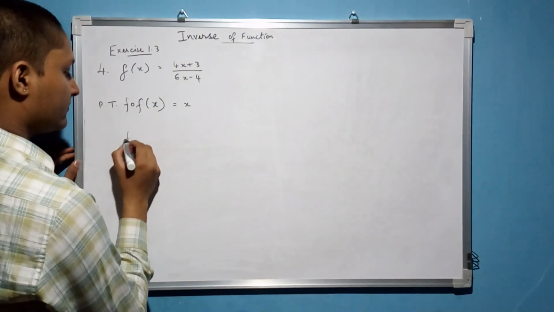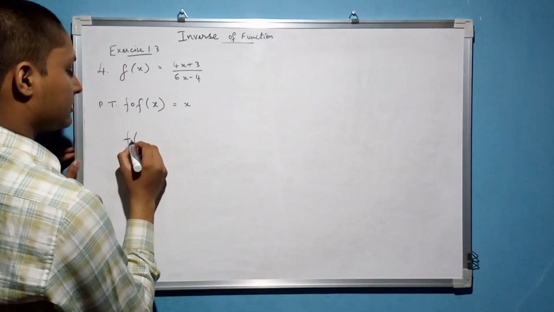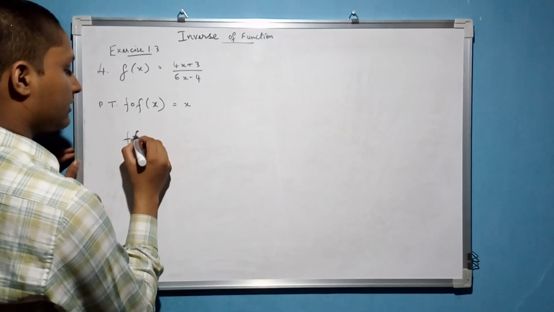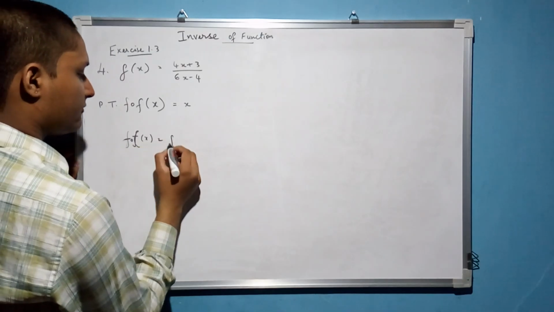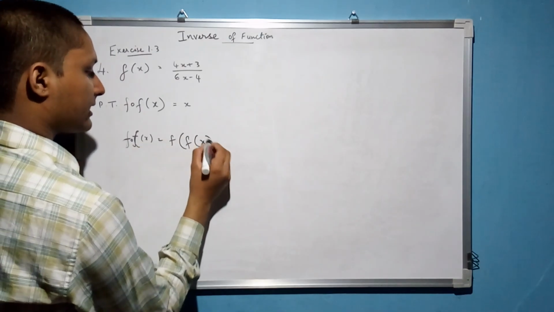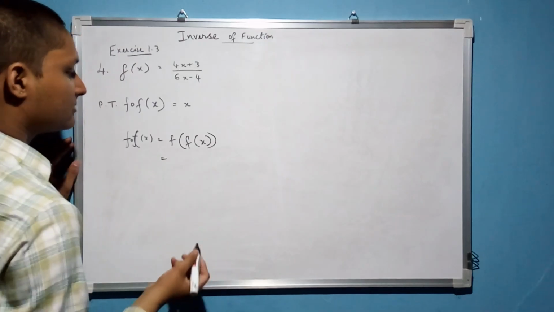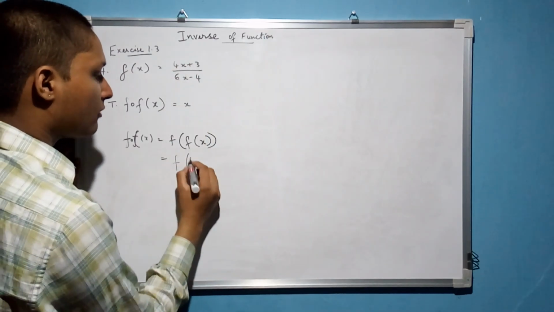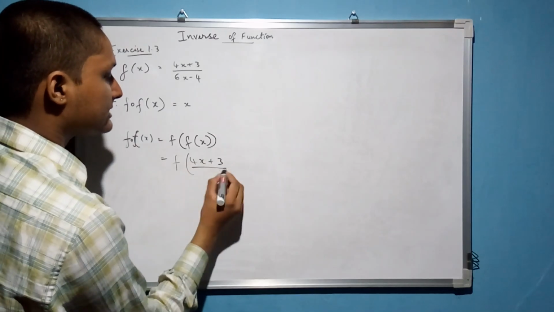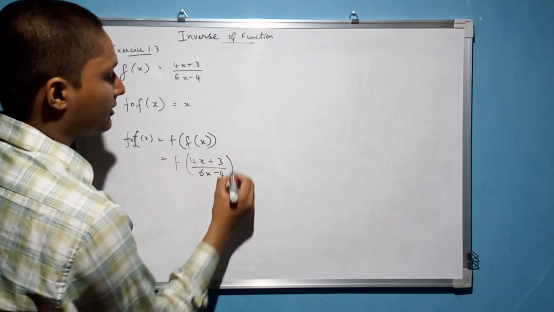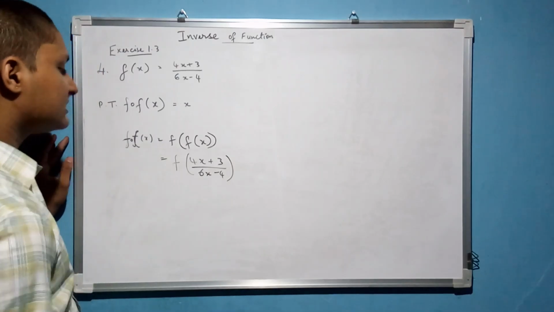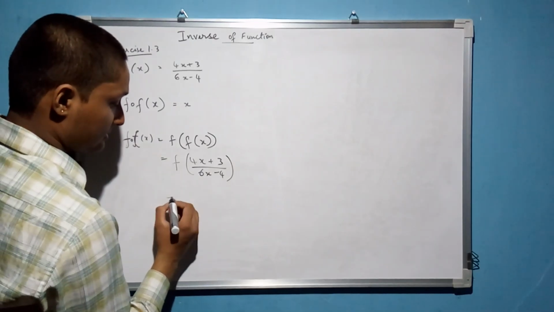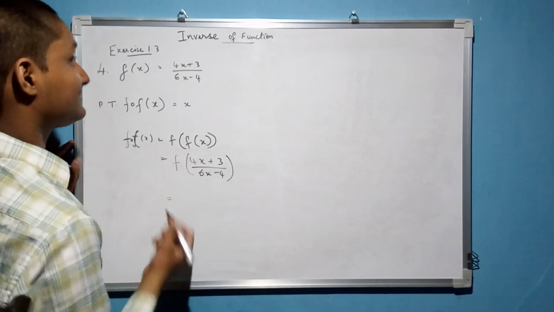So I need to find that f dot f of x is equal to f of f of x. Now in place of f of x, I need to substitute the whole thing, that is f of 4x plus 3 divided by 6x minus 4. I'm going to substitute. This is a big term now. I need to break my head here.